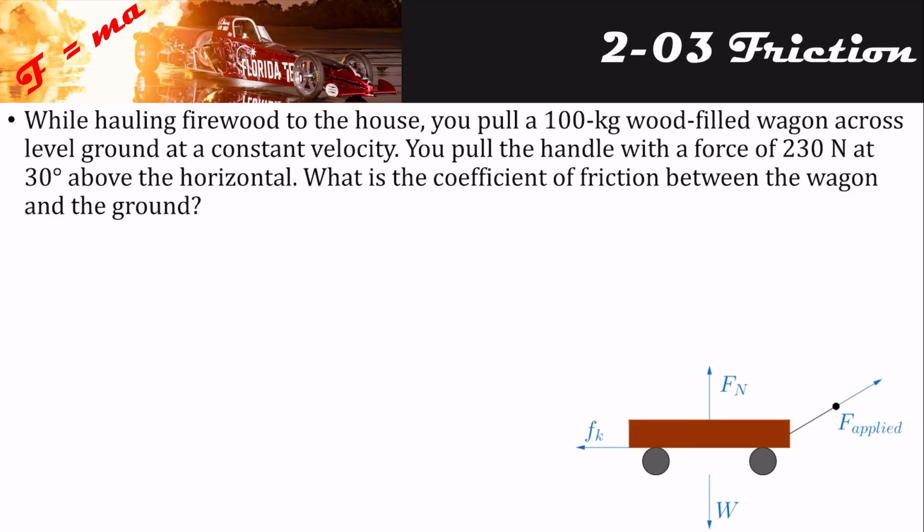Forces on the wagon are the normal force up, the weight down, and the friction. I have the friction going left. I'm pulling the wagon towards the right, so the friction's left. And the applied force is along the handle, which I said is 30 degrees above the horizontal.